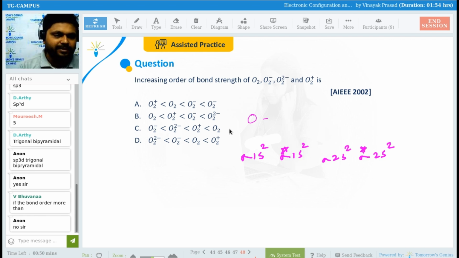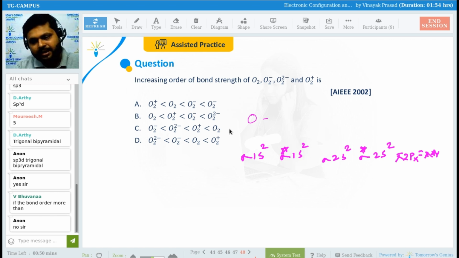How do we write in the atomic orbital? 1s2, 2s2, 2p6, yes or no? Now, in the case of p, how will we write it? Pi 2px equals pi 2py. You may note it down.